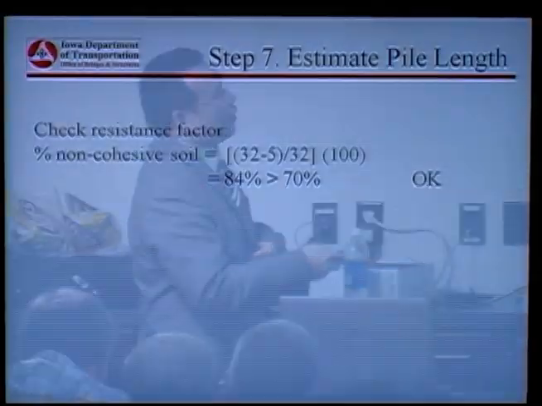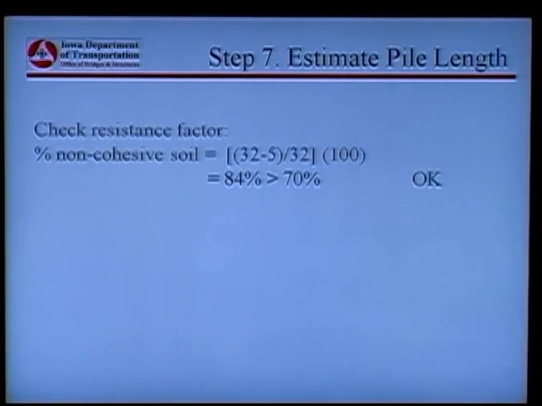So now we have 32 feet of embedded length, minus out the 5 feet of clay, that gives you the total thickness in sand, divided by the total embedded length, and we have 84% of sand along the pile, which is greater than 70%, which means that this pile is embedded in a sand or non-cohesive soil profile that is consistent with the assumption that we made early when we selected the resistance factors from the resistance table. Right? So we can move on.